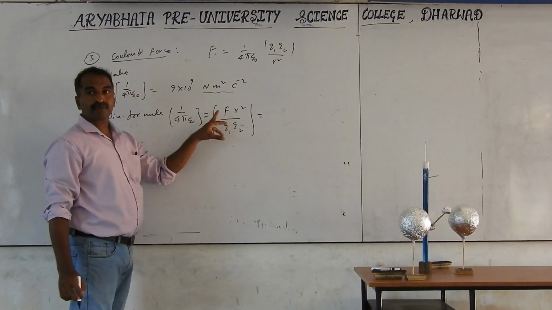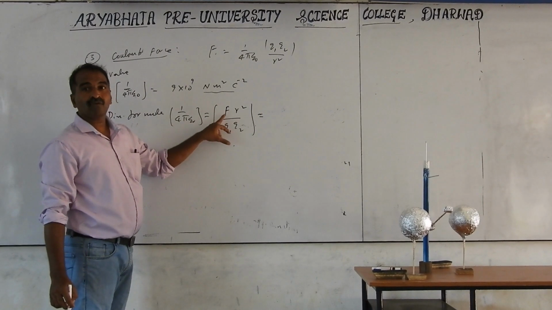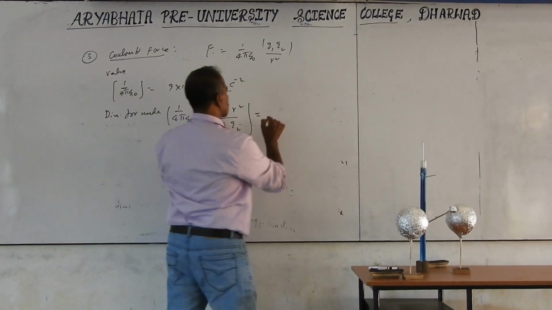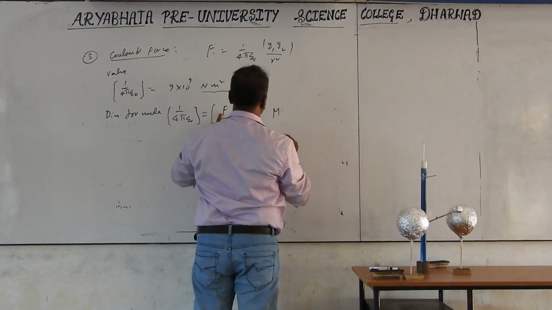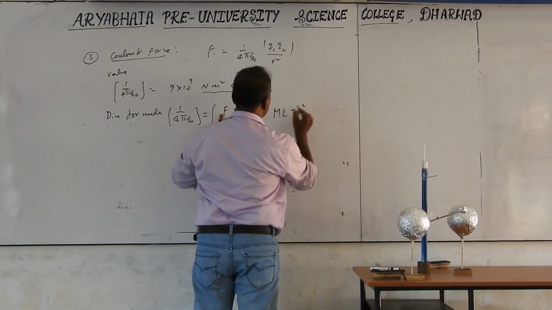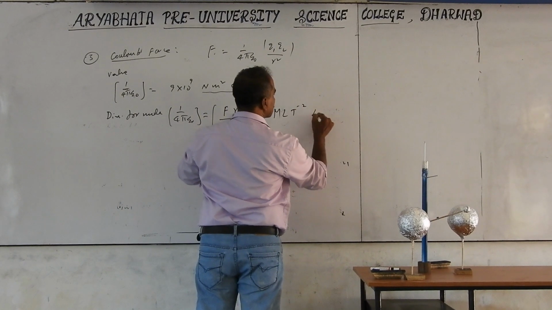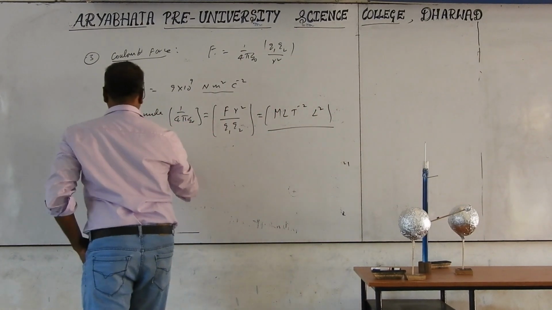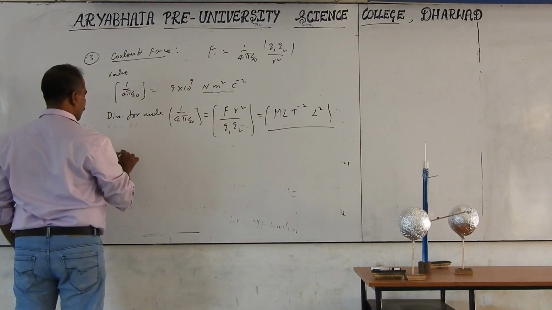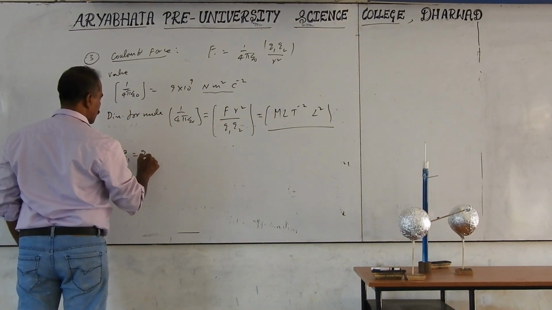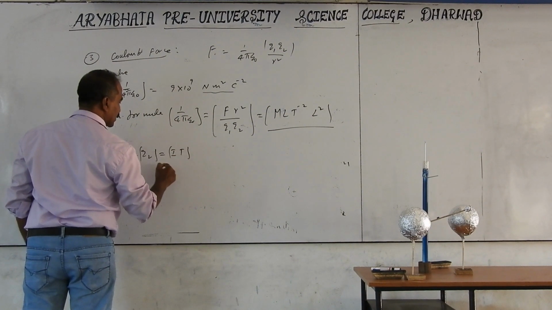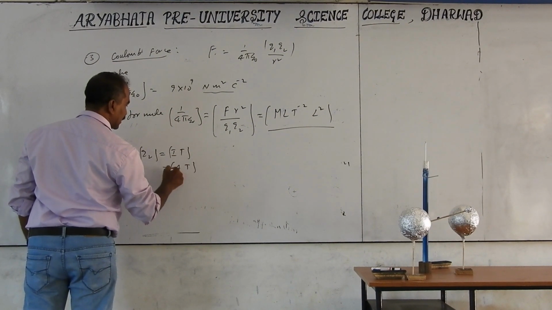F is in newtons, so the dimension formula is force equal to M into A, that is MLT minus 2. R is distance, so L square. And the charge formula in terms of electric current: Q1 equals Q2, dimension formula is IT. We can also take the dimension formula AT.